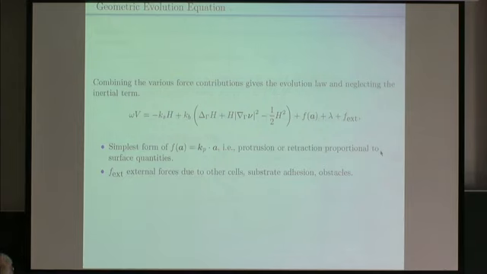At the end of the day, we have an equation like this. So now we want to find gamma. Gamma is a function, gamma depends upon time. This comes from the Helfrich energy or Willmore energy. This is the surface tension. This is like motion by mean curvature, if we just drop all of this.